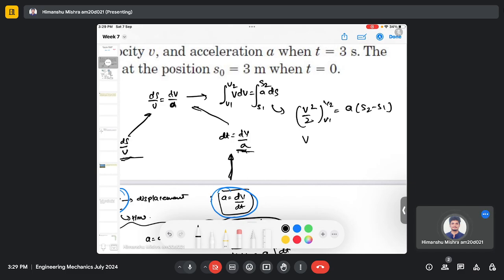So this will be v2 square minus v1 square by 2 equals a times s2 minus s1. I can multiply by 2 here. So this is my third equation.